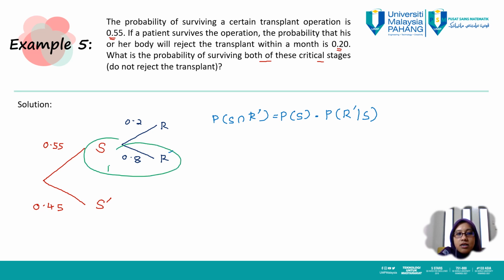Here is R prime given S. So, what is the probability for S? 0.55. What is the probability R prime given S? So, 0.8. So, the answer is probability S intersect with R prime is equal to 0.44.